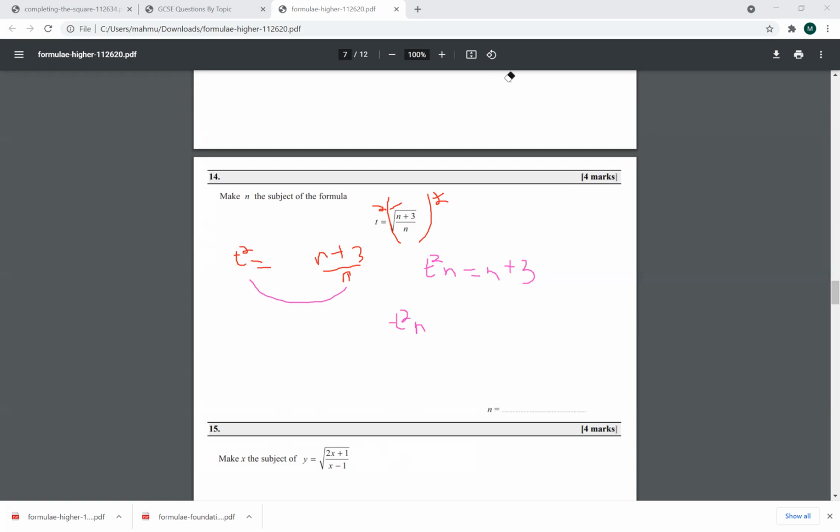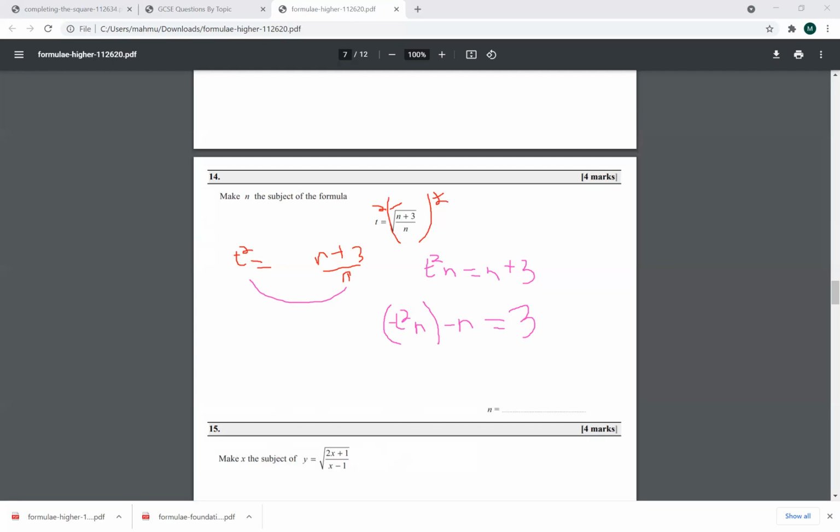So what I'll do is I'll move the n to the other side. So now I have this and move this to the other side. This is the n. If I move it to the other side, this is a plus at the moment, so it becomes a minus n. Minus n equals 3, right? So now I will try to separate the t squared and the n together. So you have n t squared.